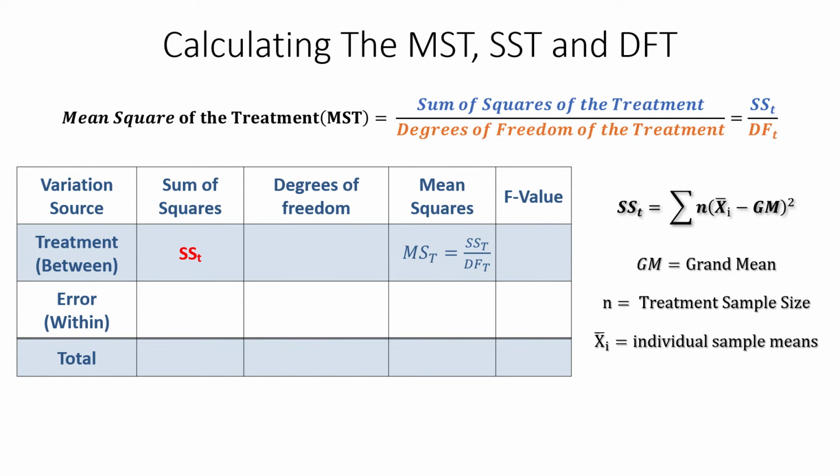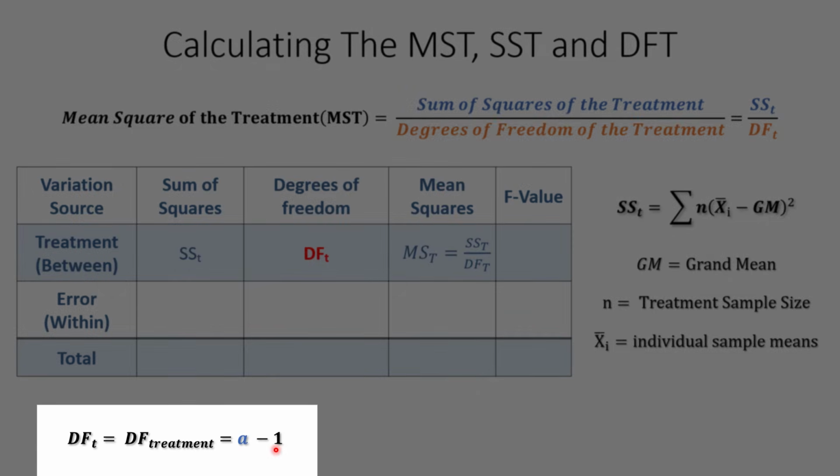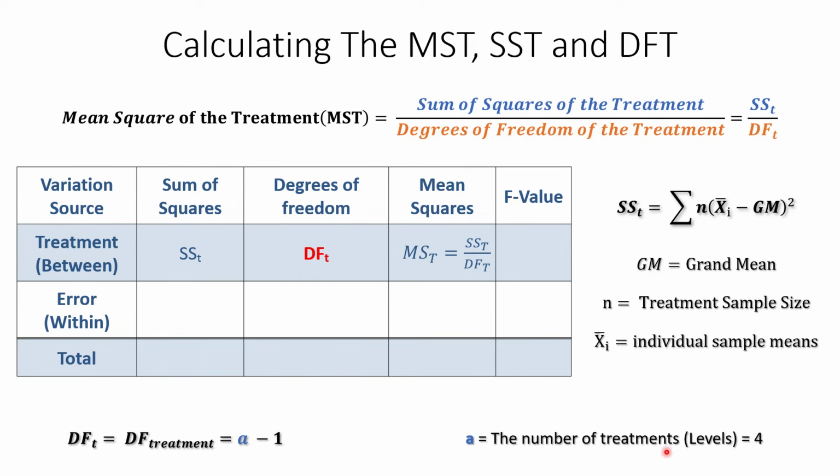And what we're doing here is comparing our treatment means against the grand mean to essentially measure the difference between those two values. The way you would calculate the degrees of freedom for your treatment is A minus 1, where A is the number of levels associated with that factor. In this experiment, we had 4 different levels, so at the end of the day, our degrees of freedom will be equal to 3.